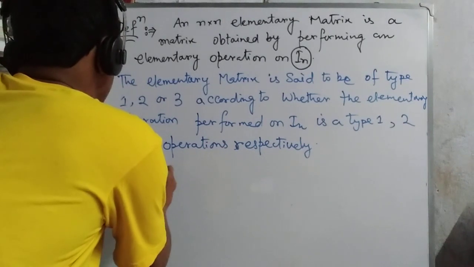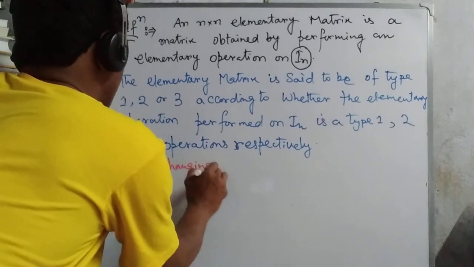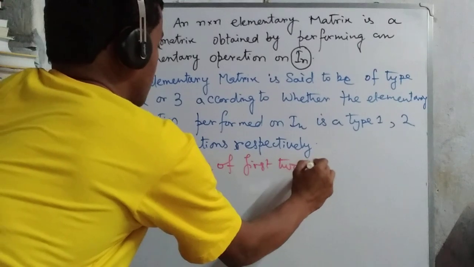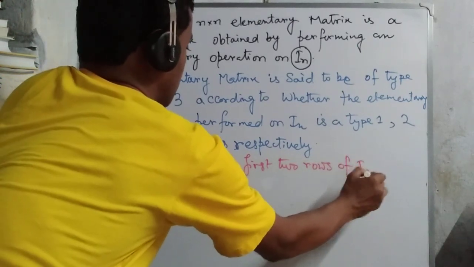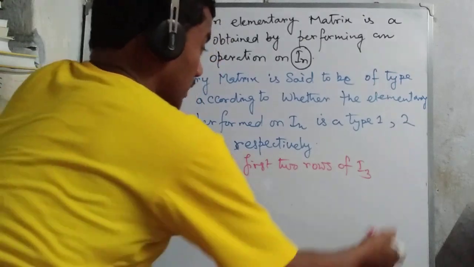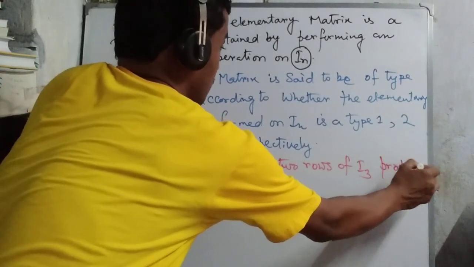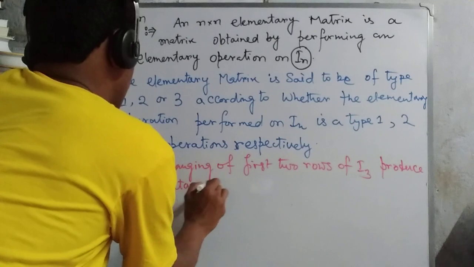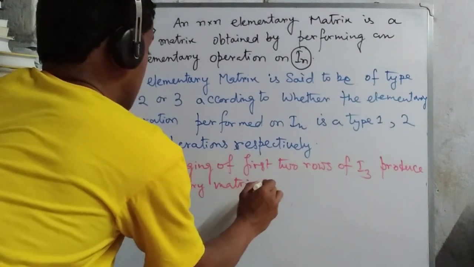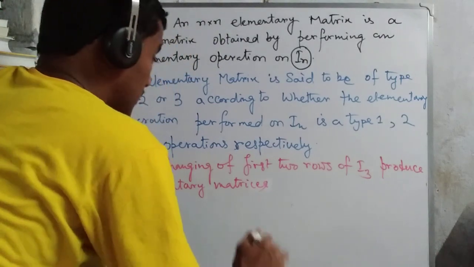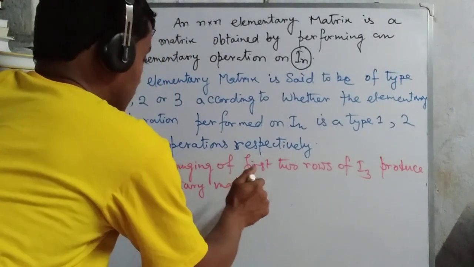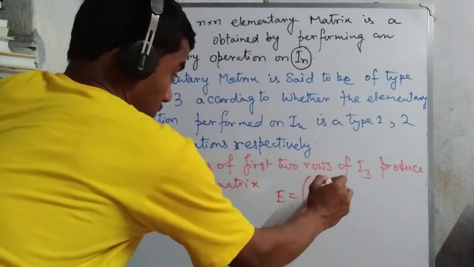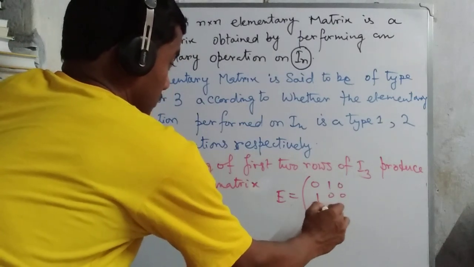Interchanging the first two rows of I3 produces the elementary matrix E equal to 0, 1, 0, 1, 0, 0, 0, 0, 1.